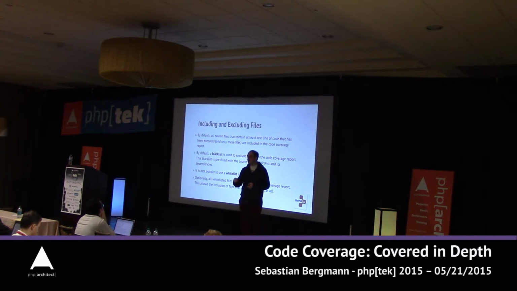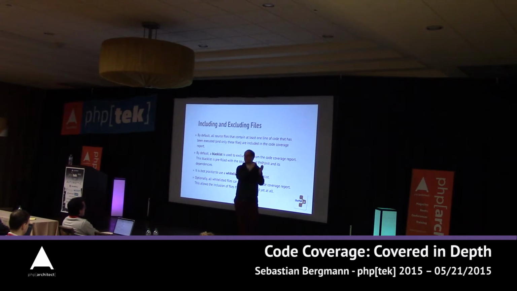You can set an additional configuration option so that all whitelisted files show up in the code coverage report regardless of whether or not they're touched by the test suite. Consider a situation where you have, I don't know, a couple of hundred or 1,000 source code files. You start testing, and you configure a whitelist, like this is the directory where my 1,000 files are, and you write your first test.